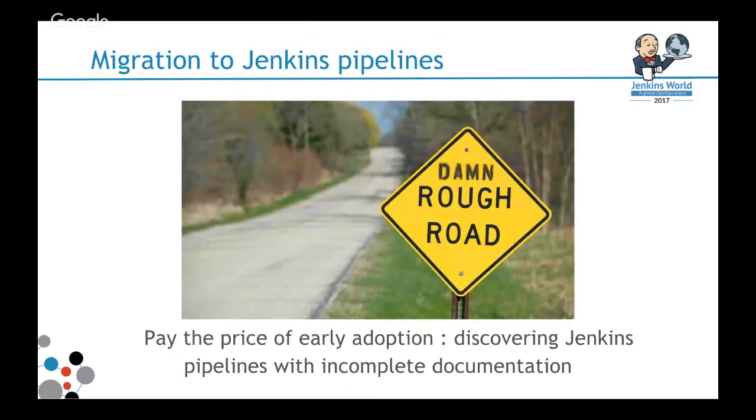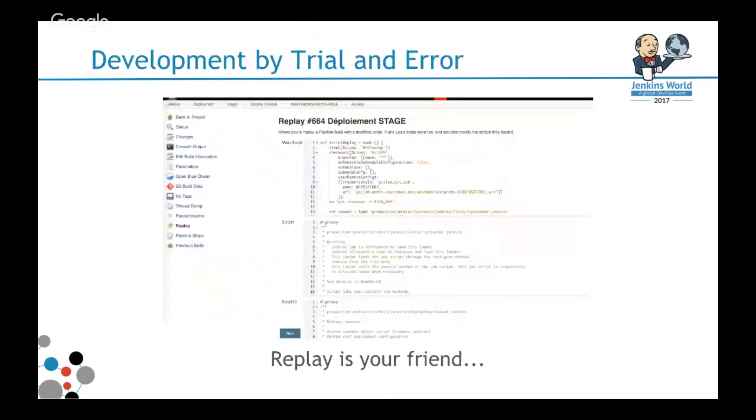So as I was saying, we tried to migrate to Jenkins pipelines pretty early. So down the road we bumped into some things that weren't okay, and the documentation wasn't there. And when we were developing pipelines, we used mostly trial and error.